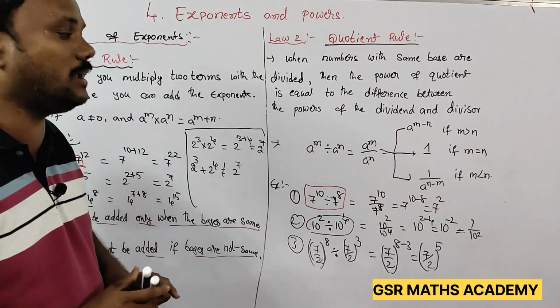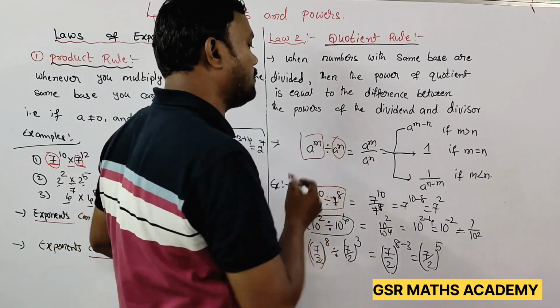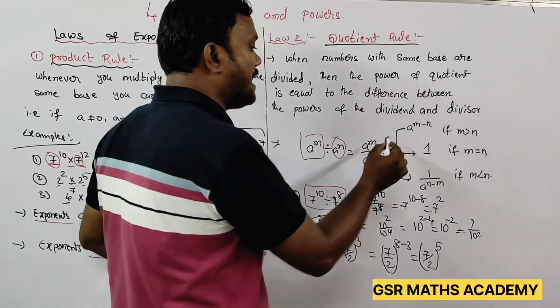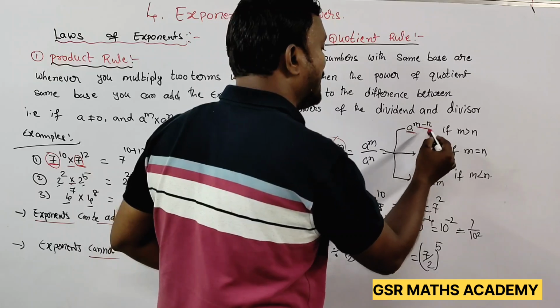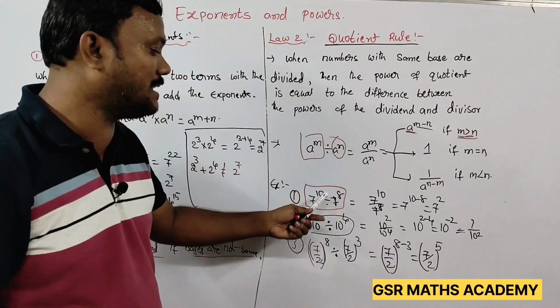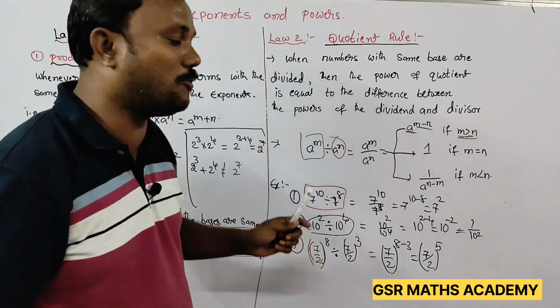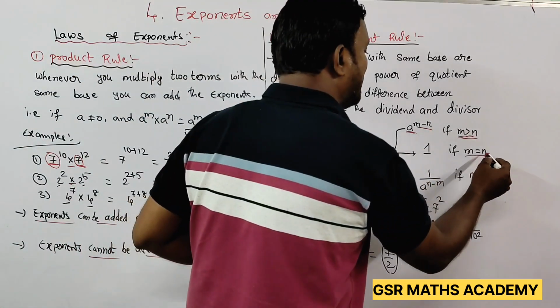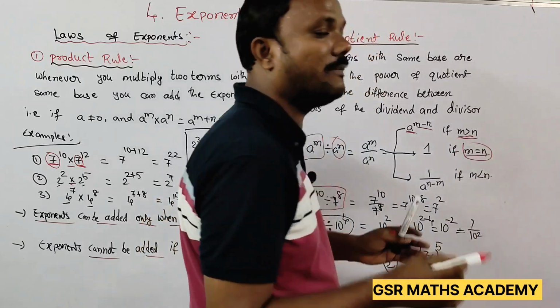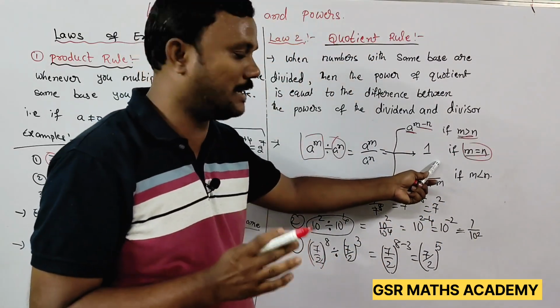We can remember this as a to the power of m divided by a to the power of n, which can be written as a to the power of m minus n if m is greater than n. If both are equal, that means the exponents of the dividend and divisor are equal, the quantity equals 1.